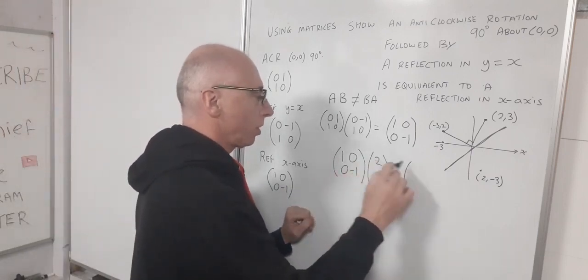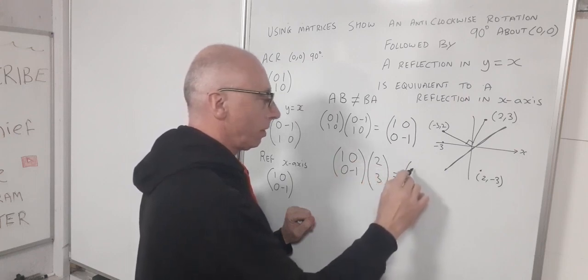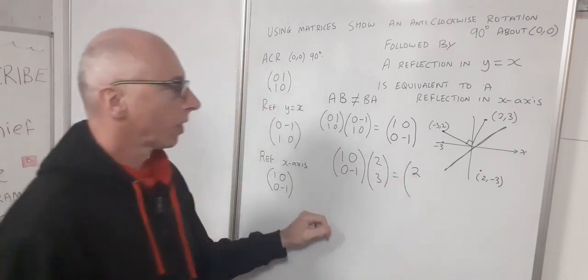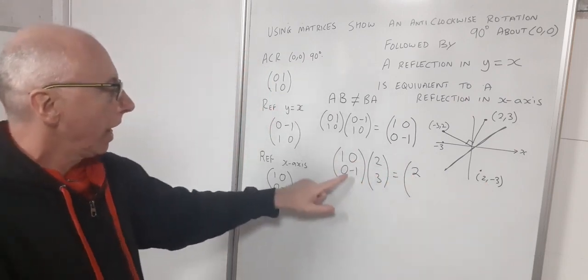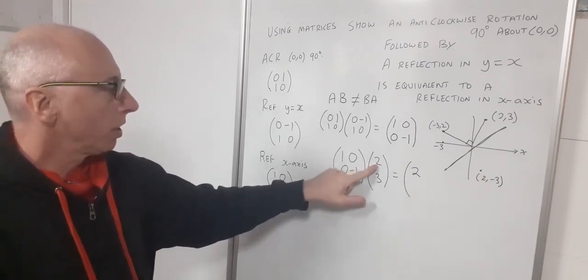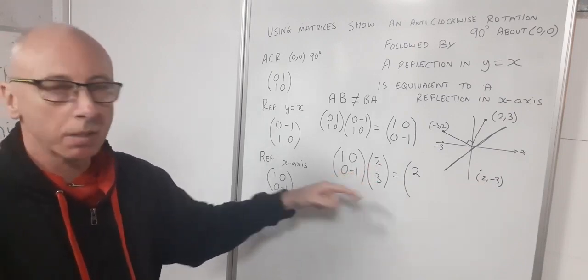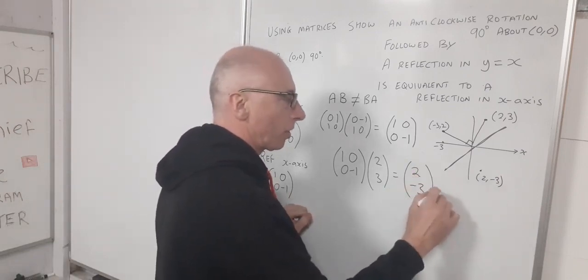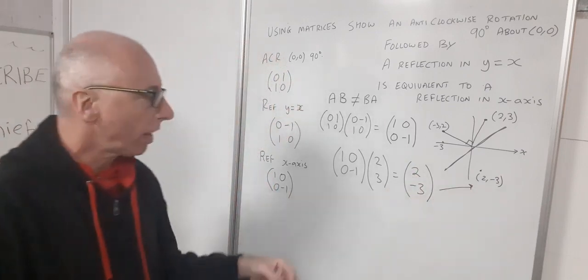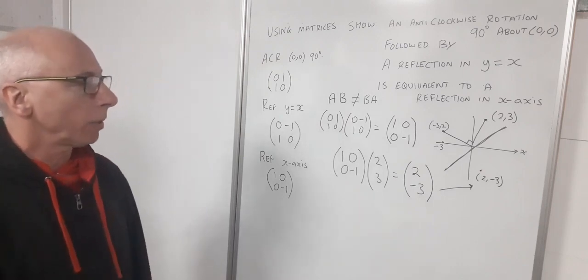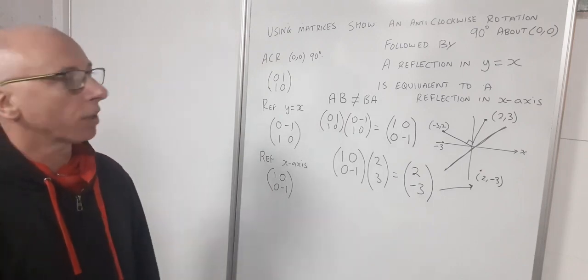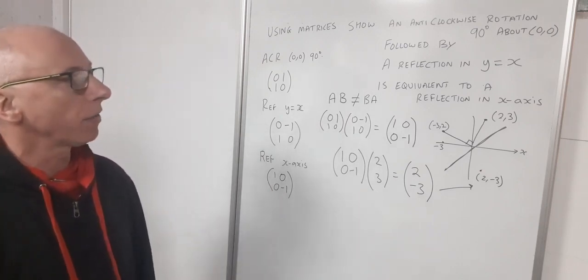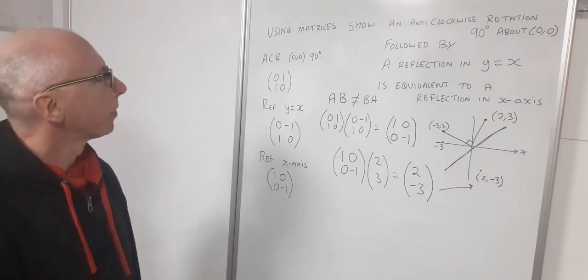So 1 times 2 is 2, 0 times 3 is 0, so it gives me a 2. So that's matching. And then I've got 0 times 2 is 0, -1 times 3 is -3. And we've just shown there that we've got the same points on our graph, and that matrix multiplication has also given us the correct result for a reflection in the x-axis.